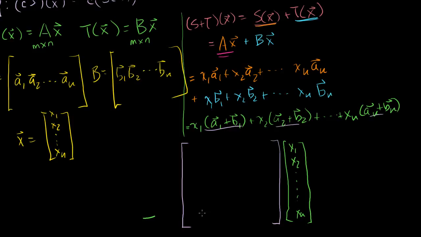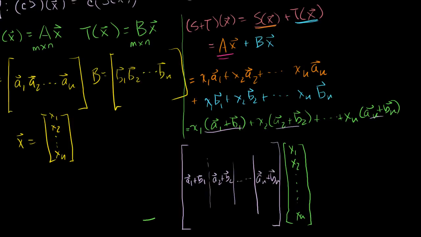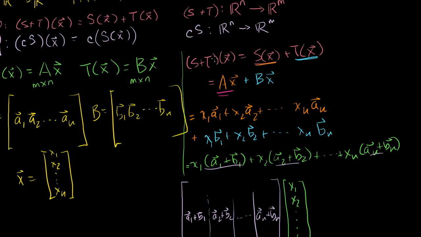This thing is equivalent to a matrix where the first column right here is a1 plus b1. We're essentially adding the column vectors of those two guys. The second column right here, let me draw a little line right there to show you that these are different expressions, would be a2 plus b2. And then we'll just have a bunch of them, and the last one will just be an plus bn. So what happens is that by definition, when I added these two transformations, I just used their corresponding matrices. And I said, you know what?